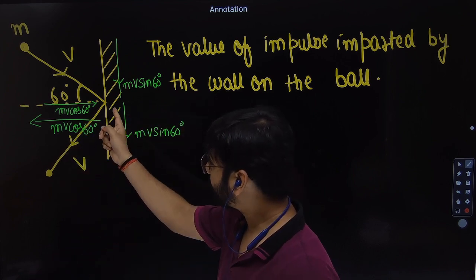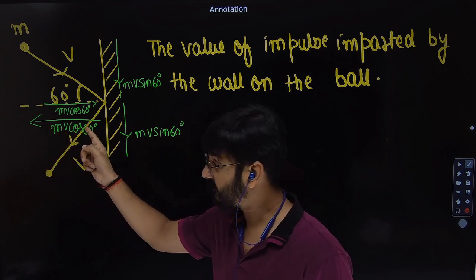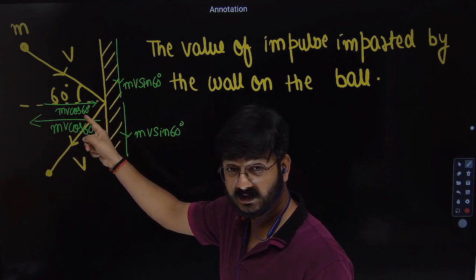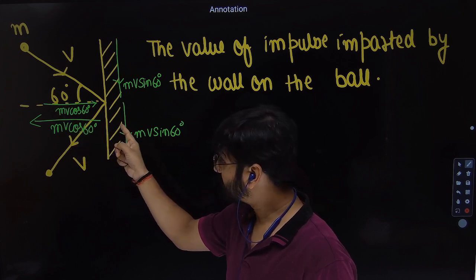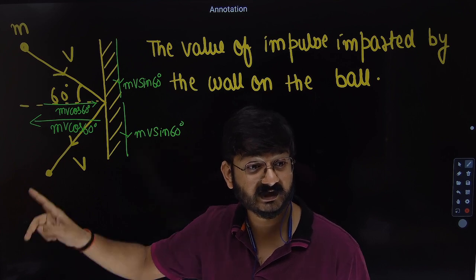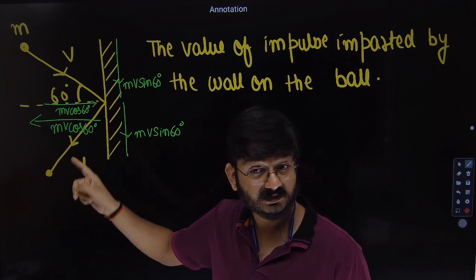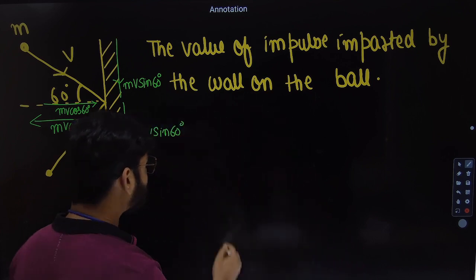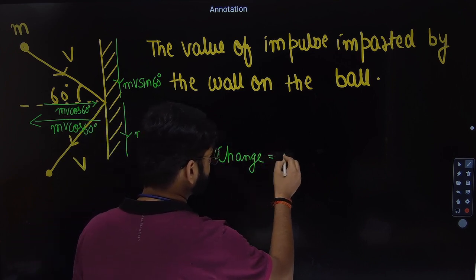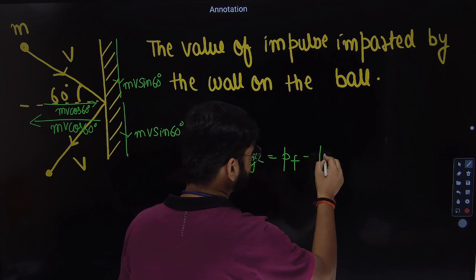Now, see perpendicular to the wall. Observe, perpendicular to the wall. What is the initial momentum? mv cos 60. What is the final momentum? Minus mv cos 60. Direction is opposite. Clear? So what will be the change? Final minus initial.